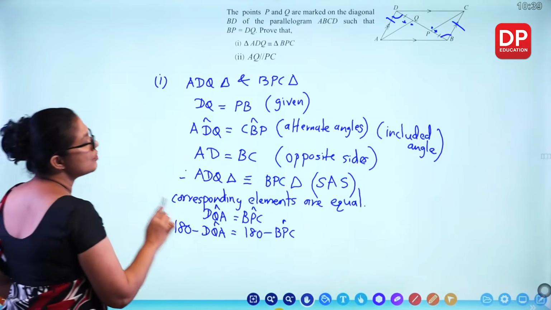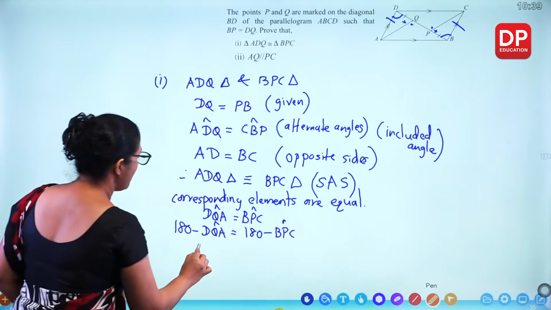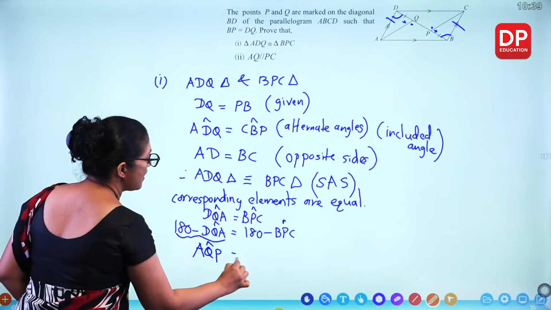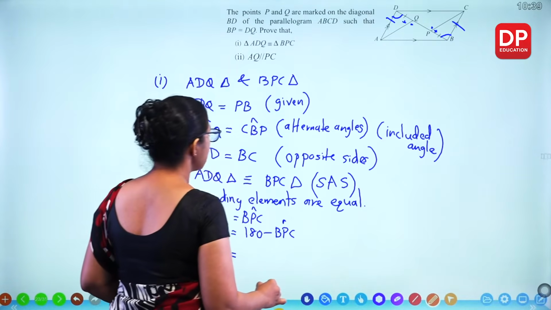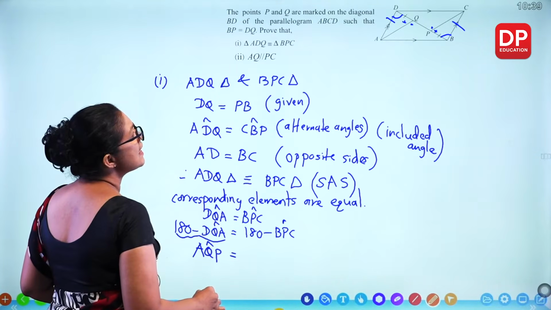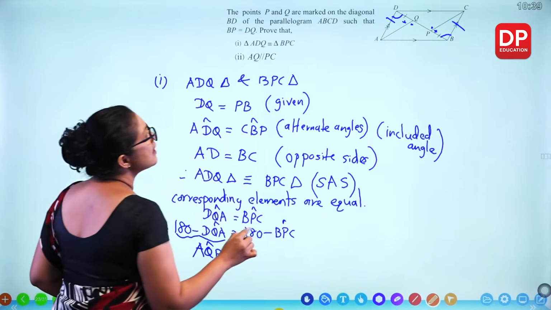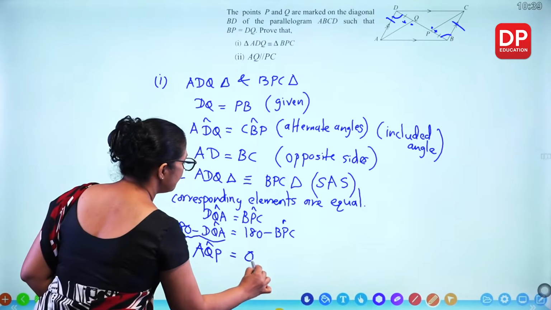That's equal to AQP angle. This is AQP angle. 180 minus BPC. BPC angle is QPC.